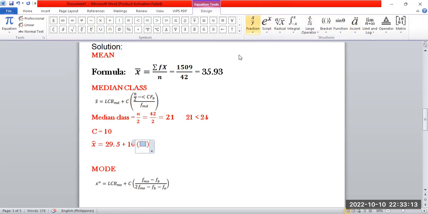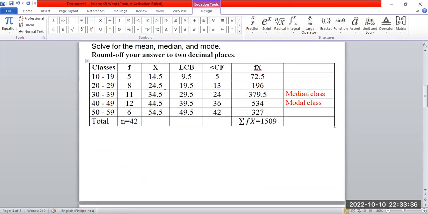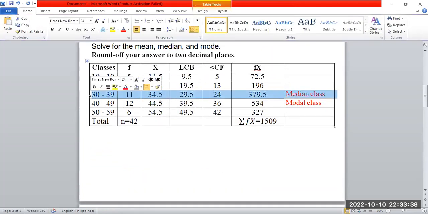Compute na natin kanina si n divided by 2, diba? Which is the half of the n, that is 21. So 21 minus the less than cumulative frequency before the median class. This is our median class, itong row na to. Ito tayo sa cumulative frequency, 24.